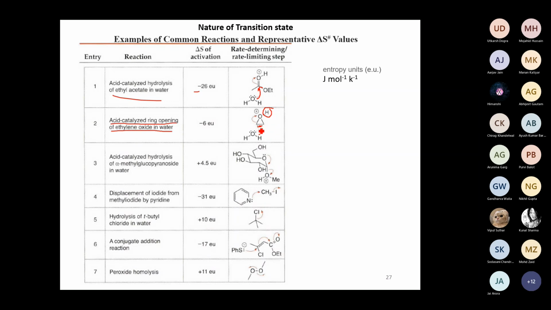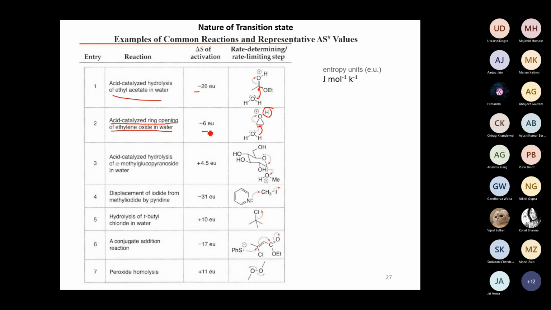So if this is the transition state, what is the sign of del S? It is similar to the first case. It will be negative. It makes sense because two molecules are coming close to each other in the rate determining step. So del S will be negative.